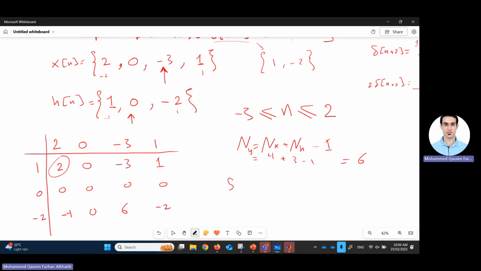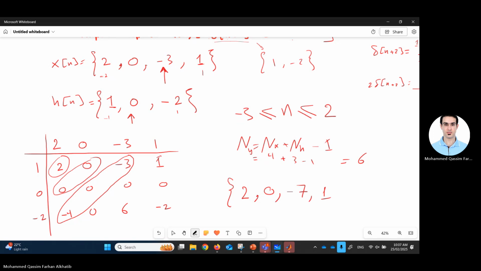So I have it like this. 2. I have 0. Okay. Always put these, what they call it, oval shapes to know that you have counted the points. So I have -3, 0, and so you'll have -7. 1, 0, 0, that's a 1. 0 and 6, that is 6.